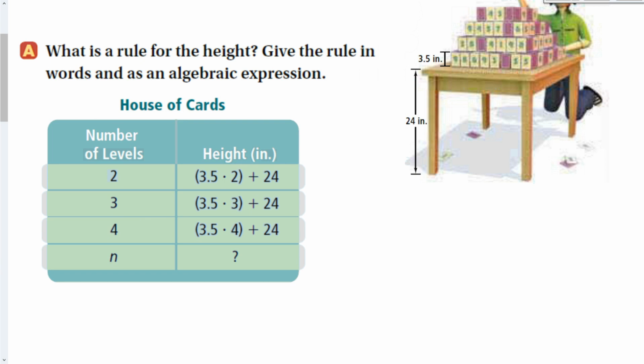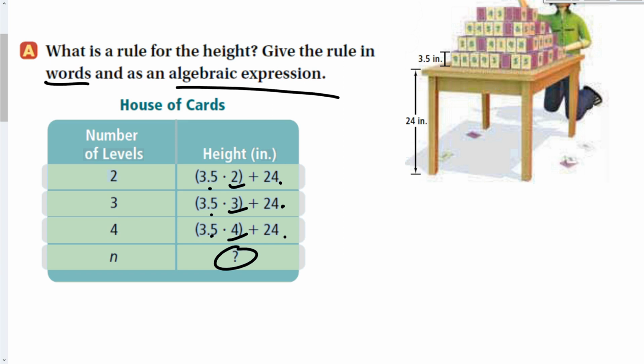And I think we can all see it already, is that each time we're going to multiply by one more row. So we're always going to have 3.5. We're always going to have 24, but right now we're going to get one more row. So let's do it first with words and then as an algebraic expression.